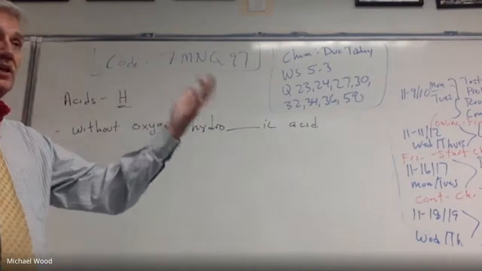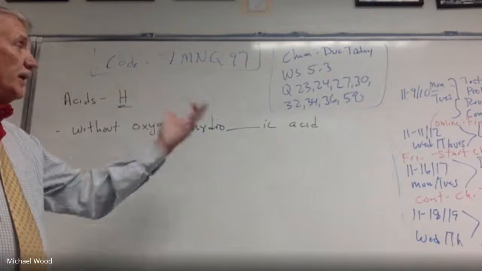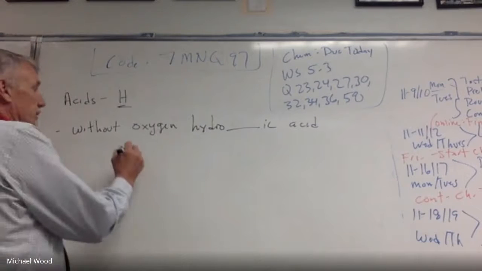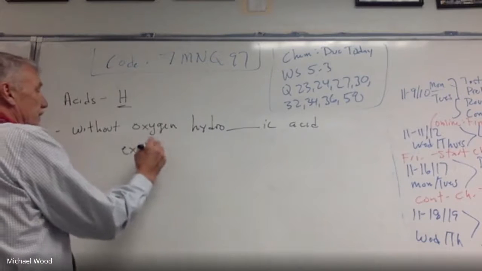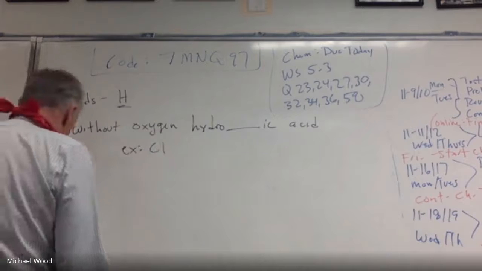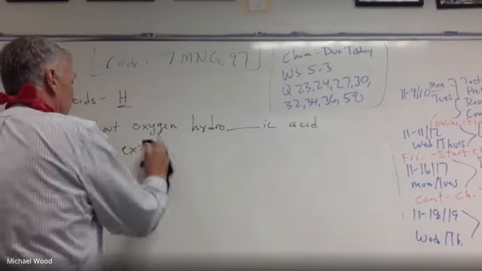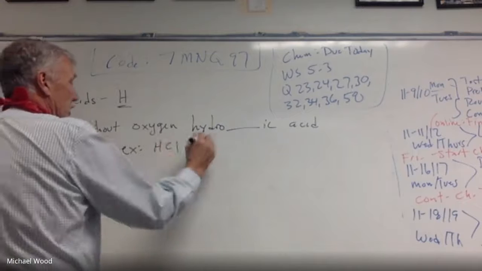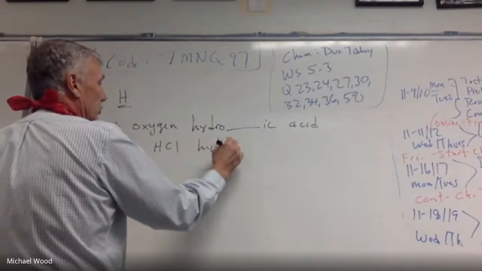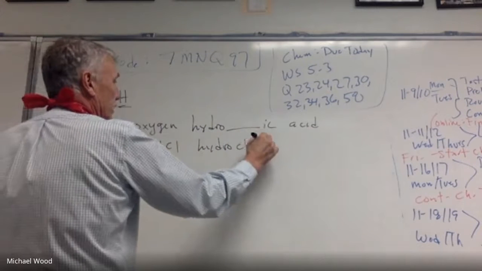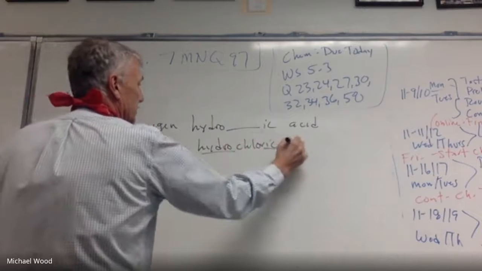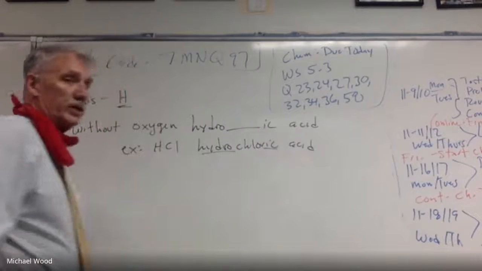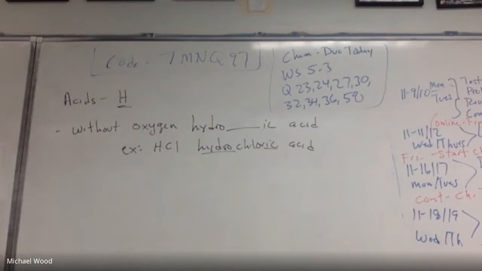Usually it ends in IDE. You drop IDE and it becomes IC. The best example of that is HCl. This does not have oxygen, so I call it hydrochloric acid. So that is when the acid does not have oxygen.